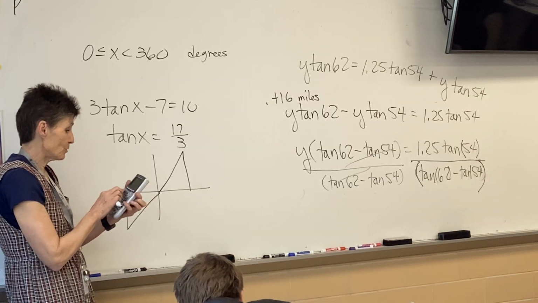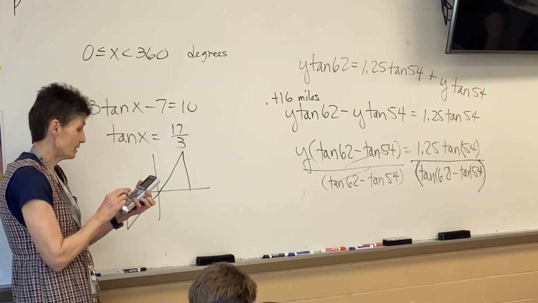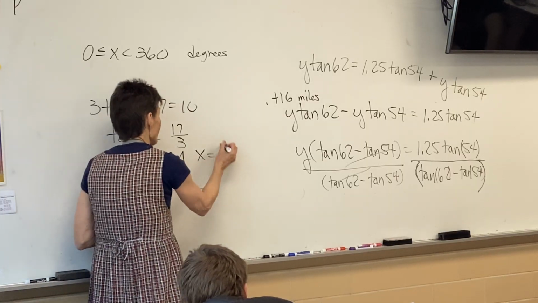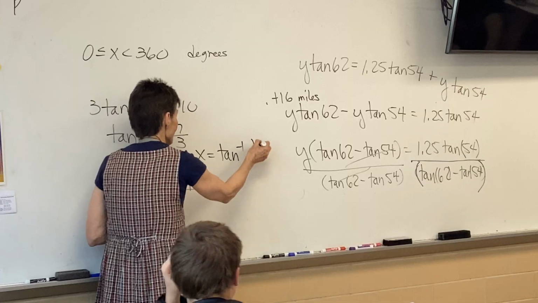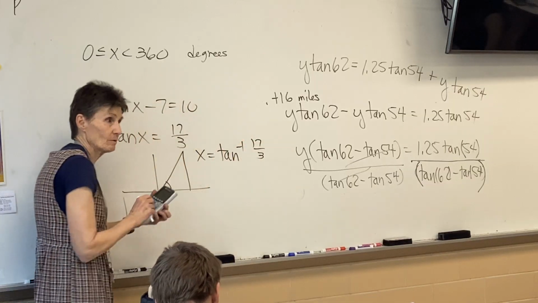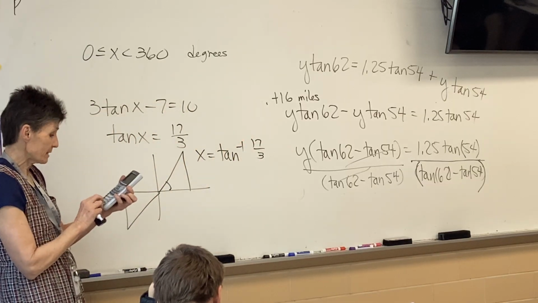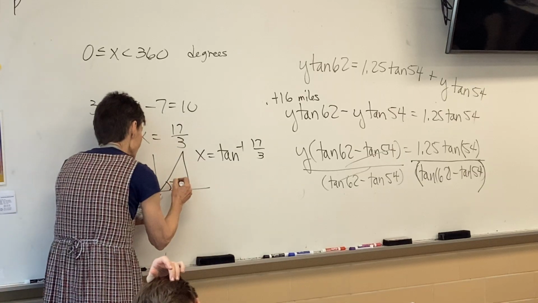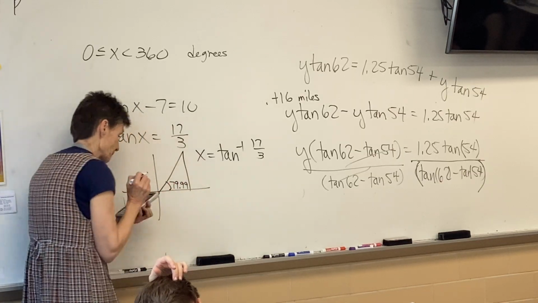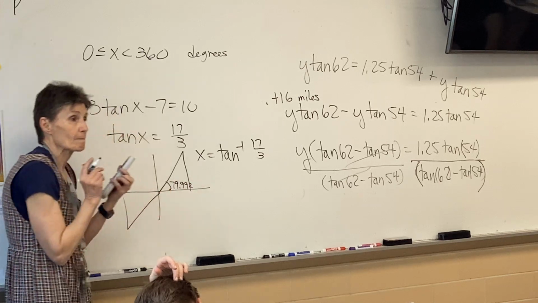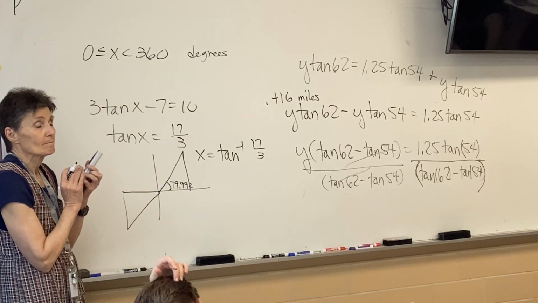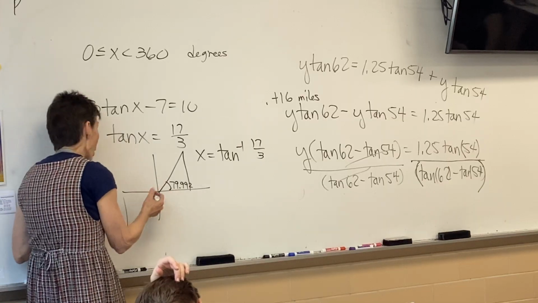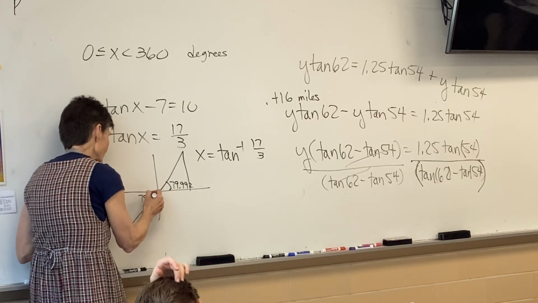I do second tangent, because I'm looking for the angle. What button do I press when I'm looking for the angle? Second tangent, or sine, whatever. So second tangent of 17/3, and I actually got 79.992. Did you? Yeah. This angle is always going to match.